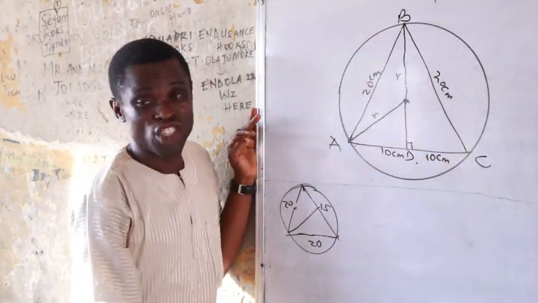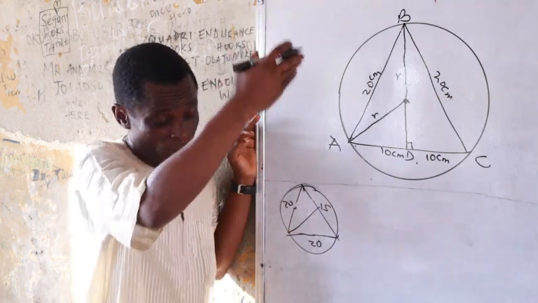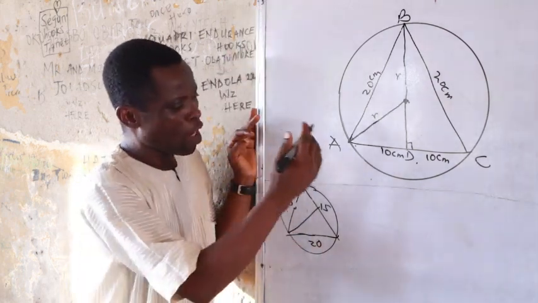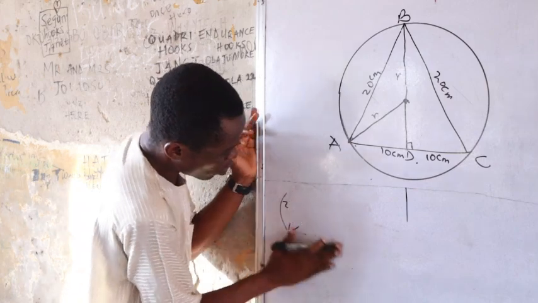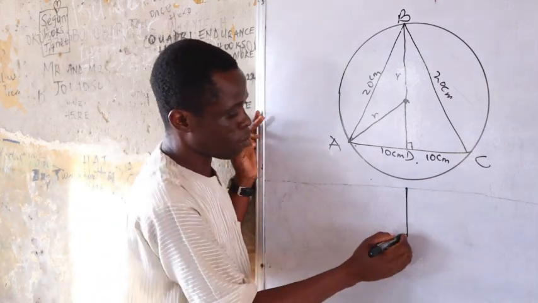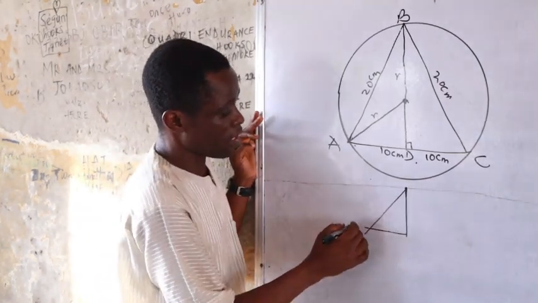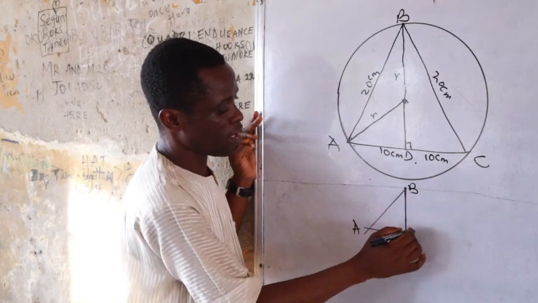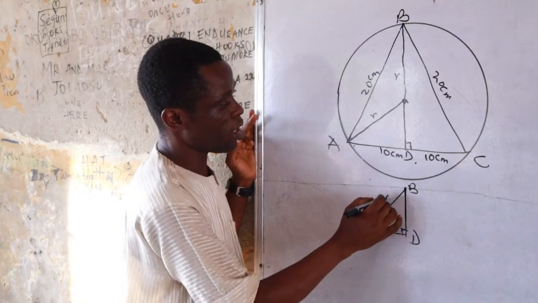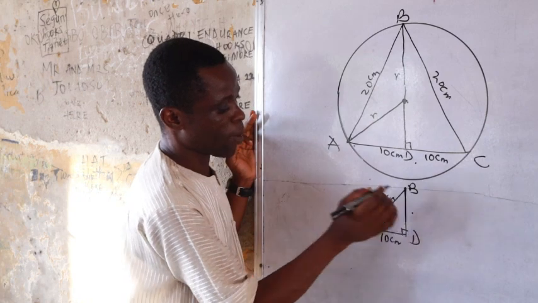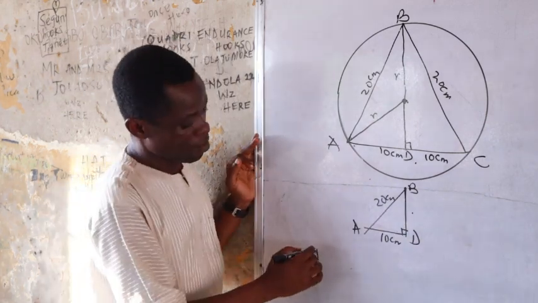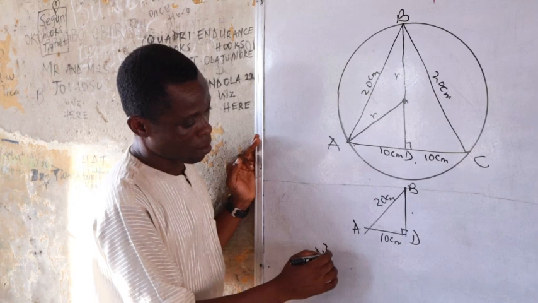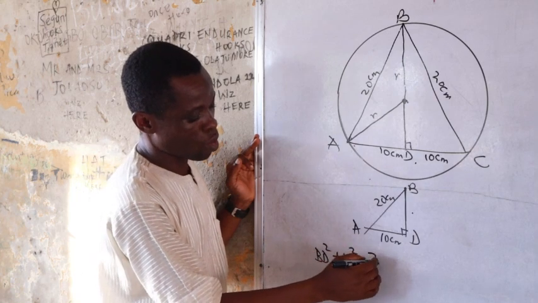So I can get BD, the full length of that BD. When you bring out this triangle, this is A, B, D. So this one is 20, this is 10. I will use Pythagoras rule to get that BD. BD square plus 10 square is equal to 20 square.